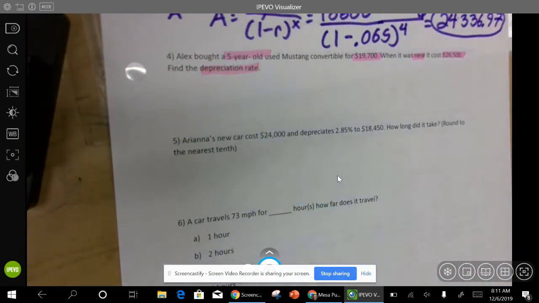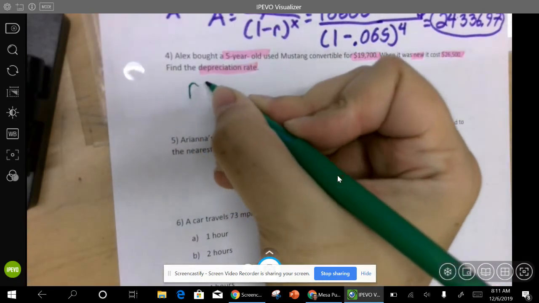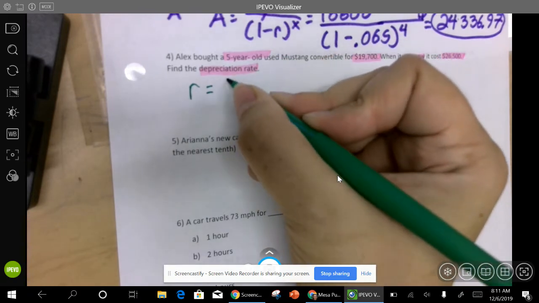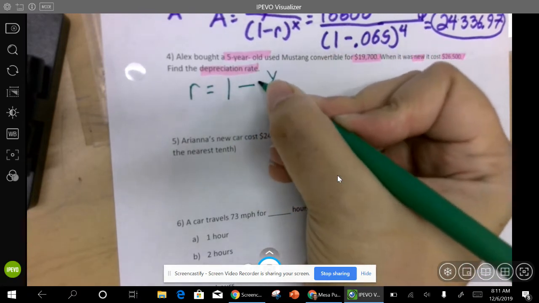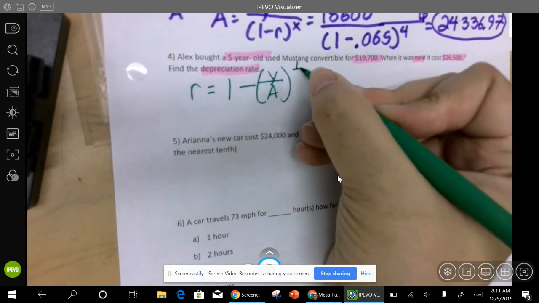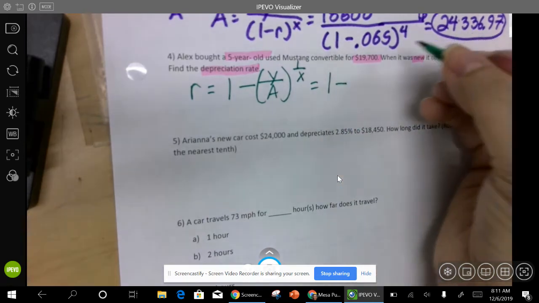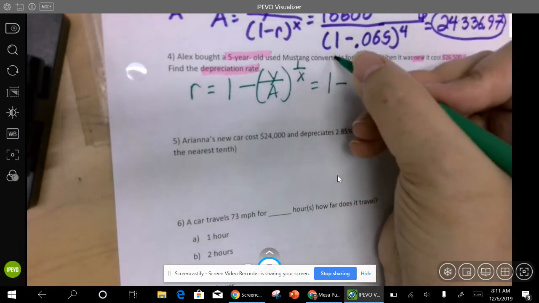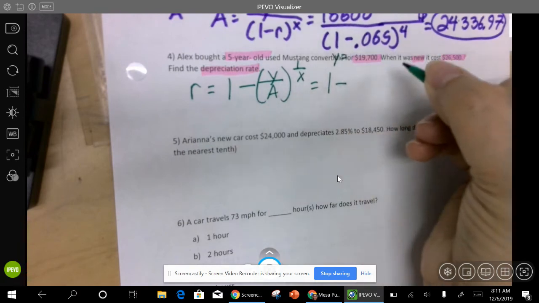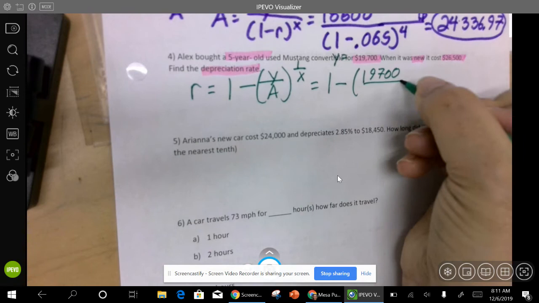So we are solving for R. R is equal to 1 minus the used price divided by the starting or new price, and then raised to 1 over x. The y is the 19,700. Read the problems carefully, everybody.